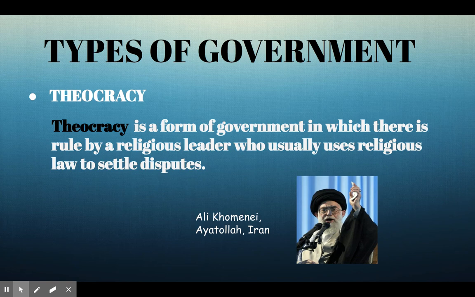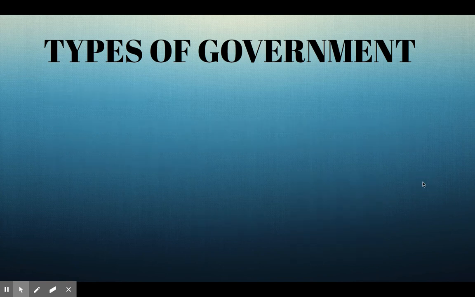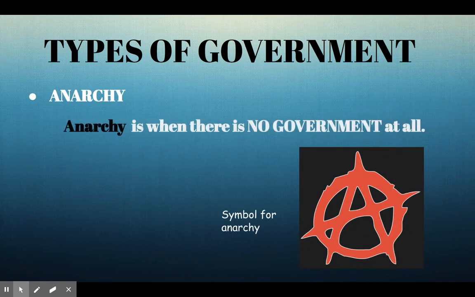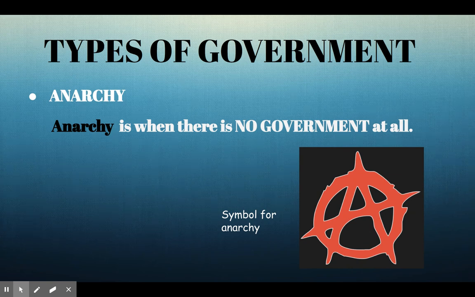Now, down on the bottom of your page, it says anarchy. That is not a type of government. In fact, it is the very opposite. Anarchy is a state. It's when there is no government at all. This is the symbol that anarchists use. There are anarchists floating around individually here and there. There is no country in the entire world that is under anarchy, that does not have a government.